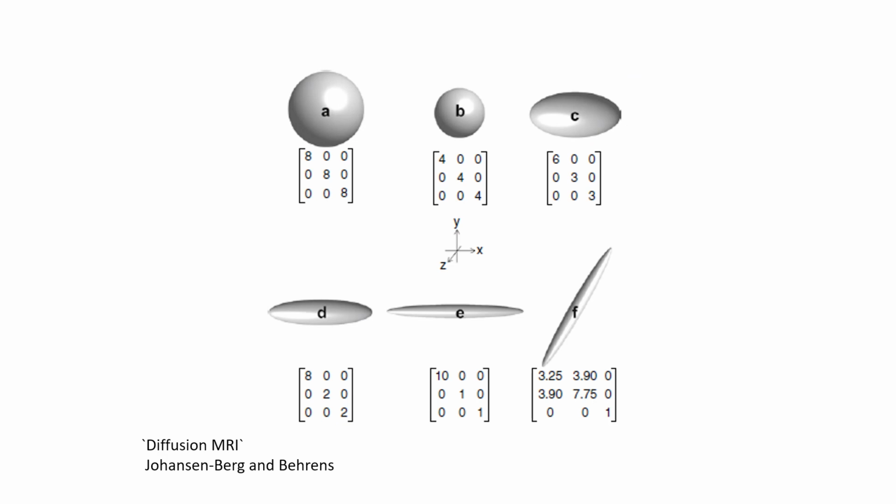What this can look like is, if we have zeros off diagonal, that means the water is moving in what we call isotropic diffusion. It's spherical. The magnitude of these values, the apparent diffusion coefficient, indicates how fast the water is moving, essentially.